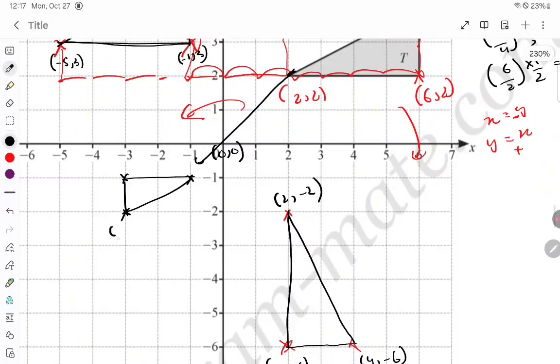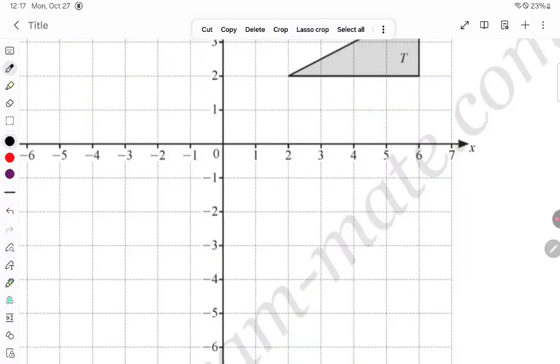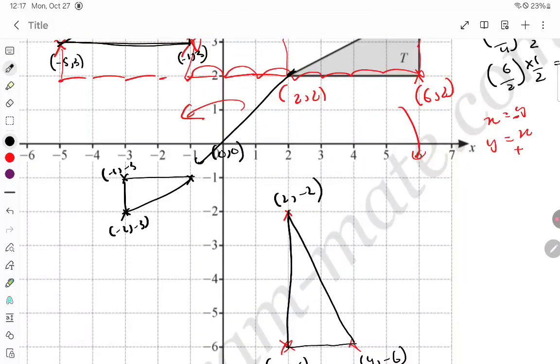And mark the points negative 2, negative 3, negative 1, negative 3, negative 1, negative 1.